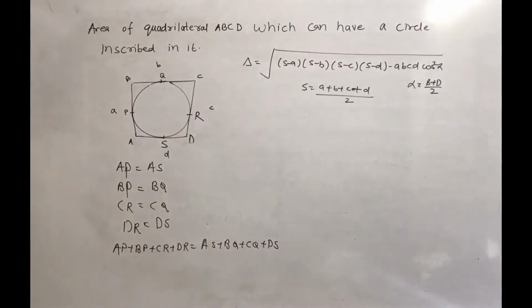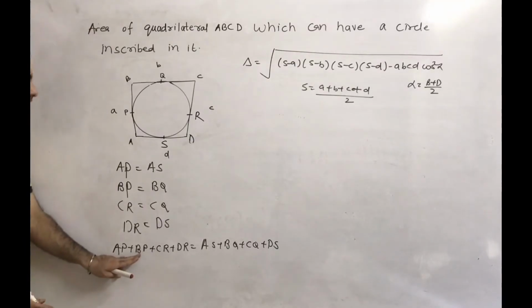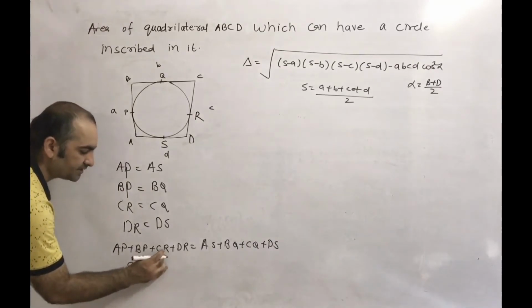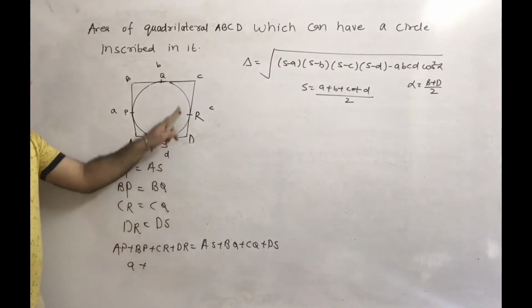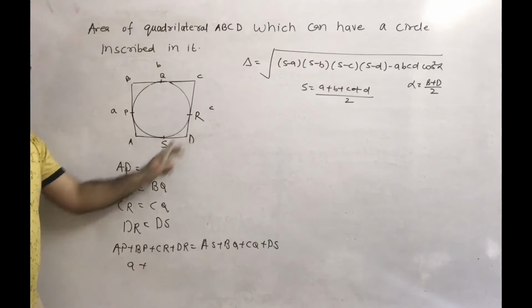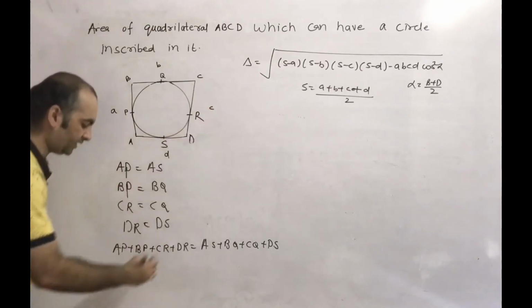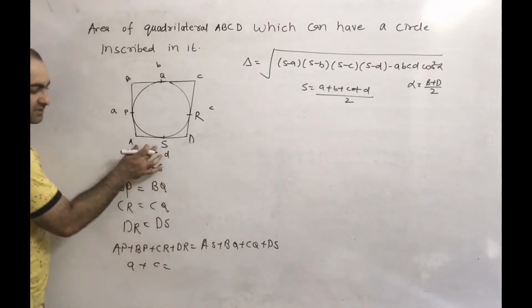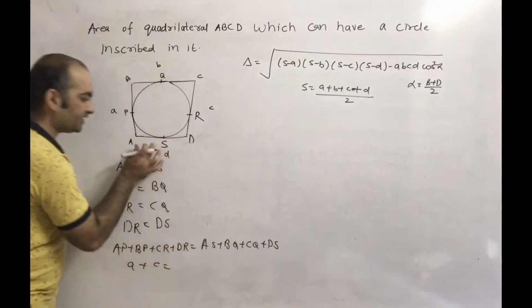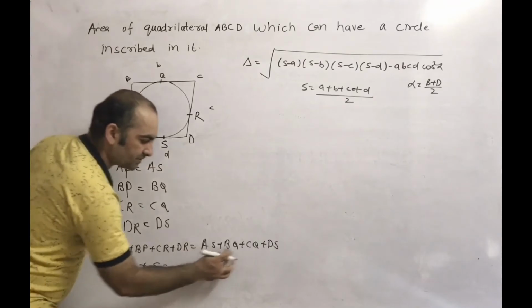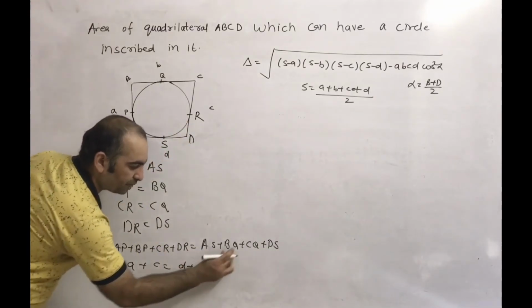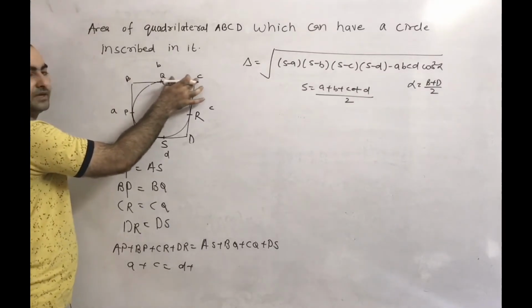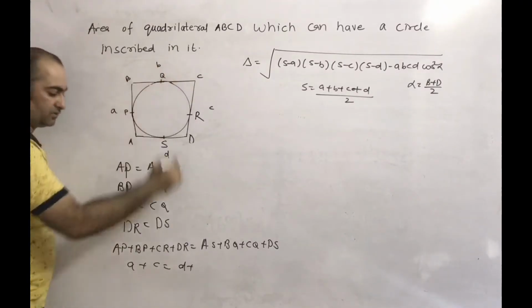Here, AP plus BP is nothing but A. CR plus DR is C. So the left side is A plus C. On the right, AS plus DS is D, and BQ plus CQ is B.